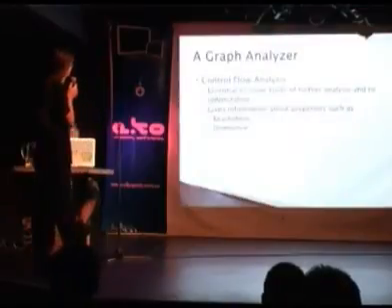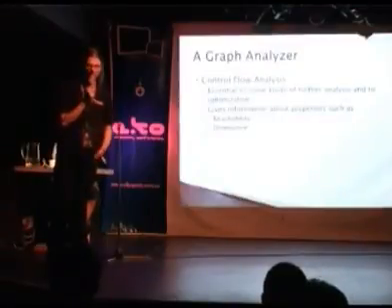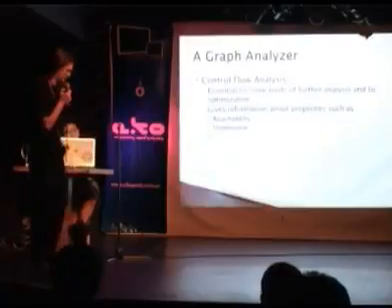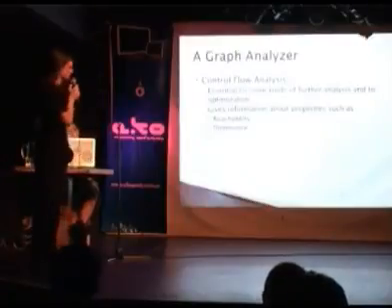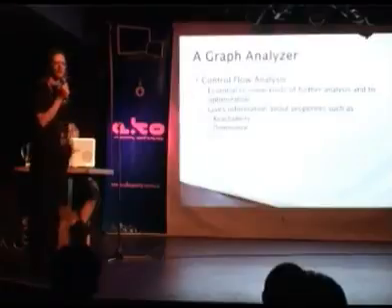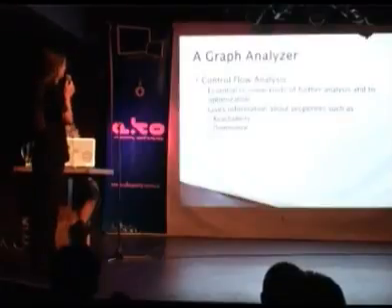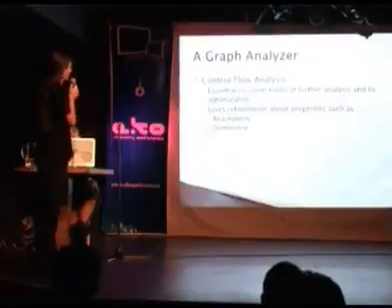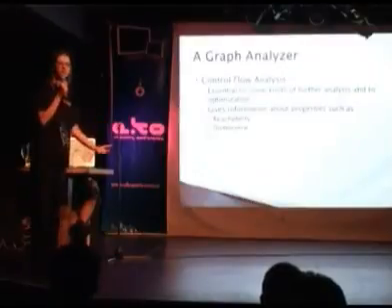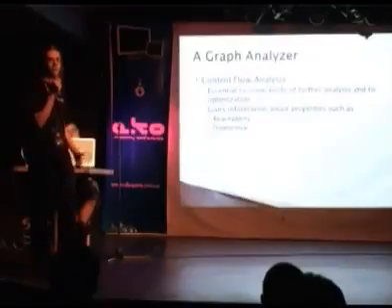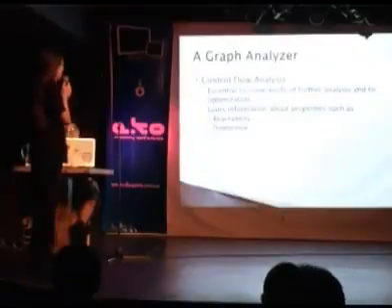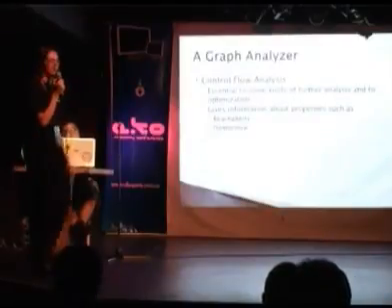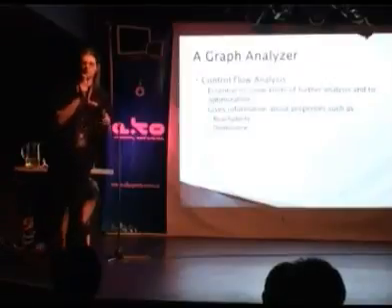So, as I said, we have a graph analyzer. Actually, it's a graph builder to build control flow graphs, which are used by control flow analyzers. Control flow analysis is essential to some kinds of program analysis techniques, and it gives information about properties such as reachability or dominance.